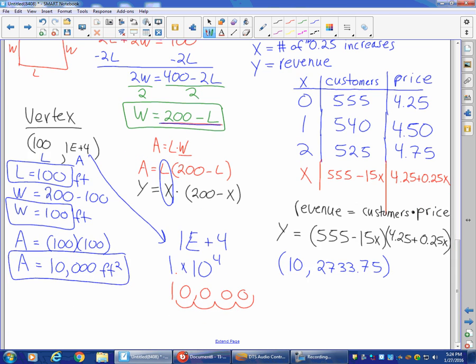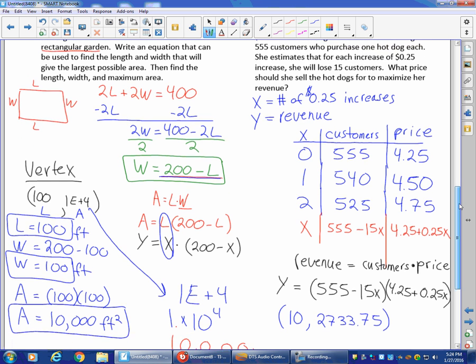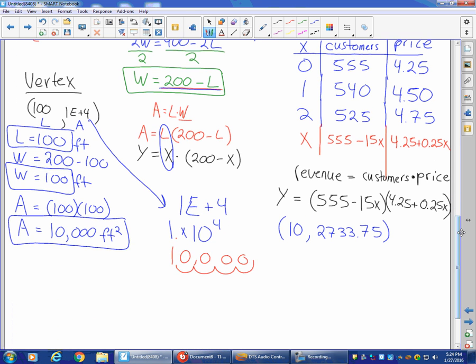So the last thing that we have to do is, the question was, what price should she sell the hot dogs to maximize her revenue? Well, the price equation's here. So price is $4.25 plus 25 cents for every increase of x. Well, there's our x.